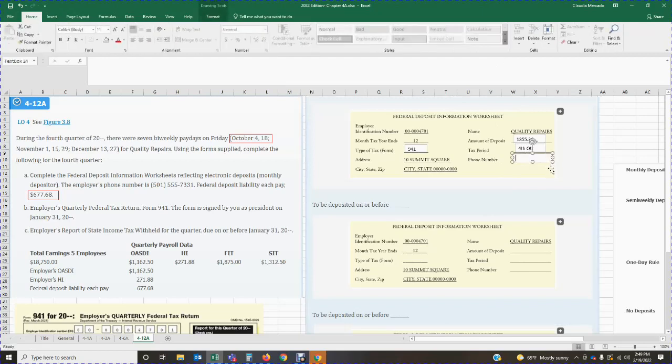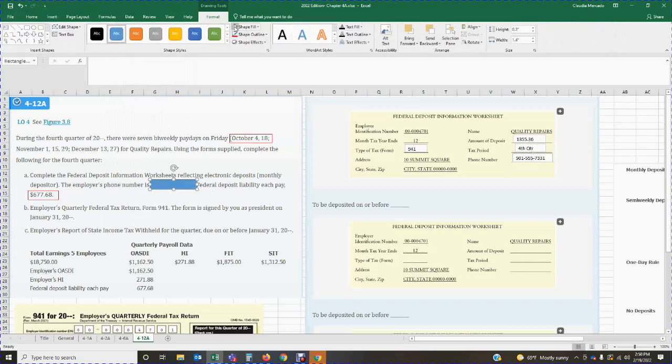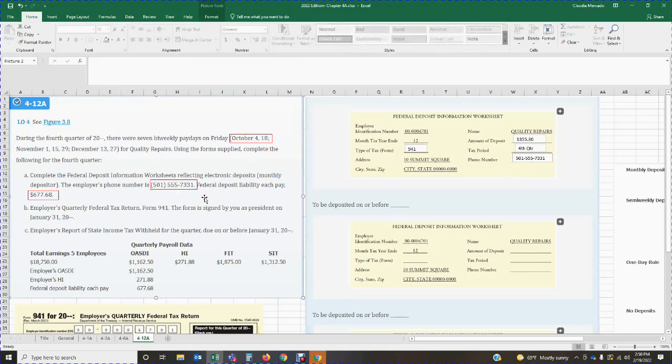The phone number provided is 501-555-7331. It is provided to you in the problem. So I'm not making up the phone number. The phone number is coming from the problem. Okay? Right there. Okay? So this is the first worksheet for October.